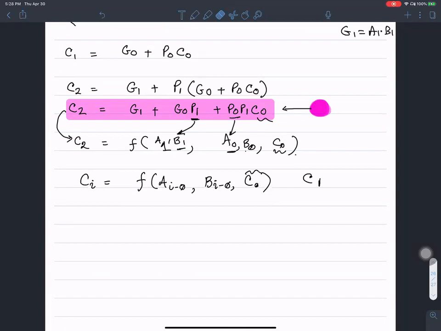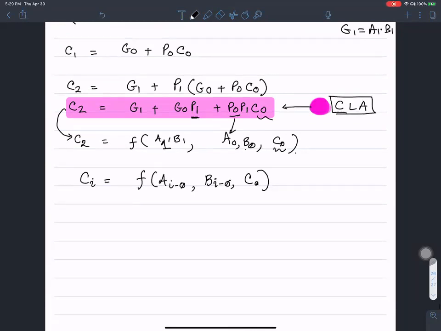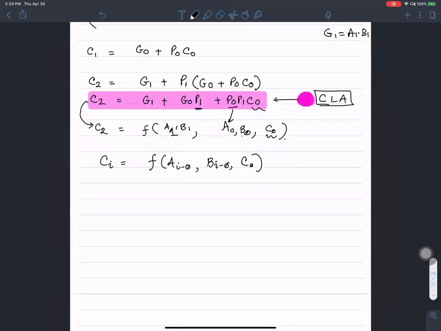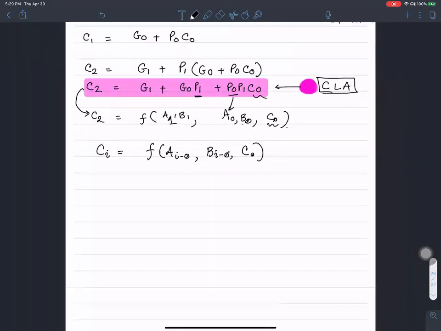The idea that you don't have to wait for the previous stage carry C1 is the advantage here. So this is the carry look ahead configuration. But you notice that it's a bit more complicated. There are more AND gates and more addition circuits needed to implement that. But that's fine. If it saves me time, there are applications where speed is more important than power consumption.